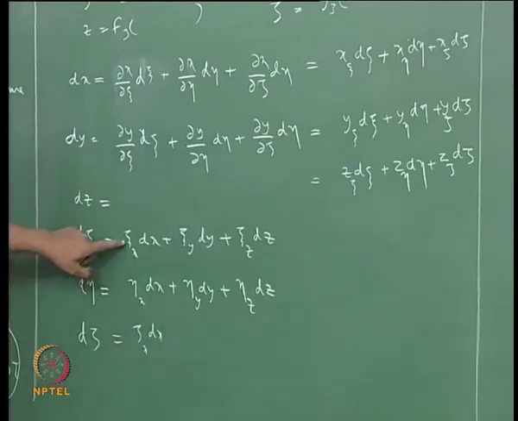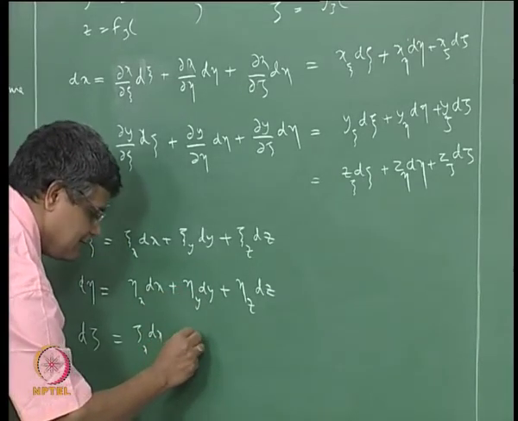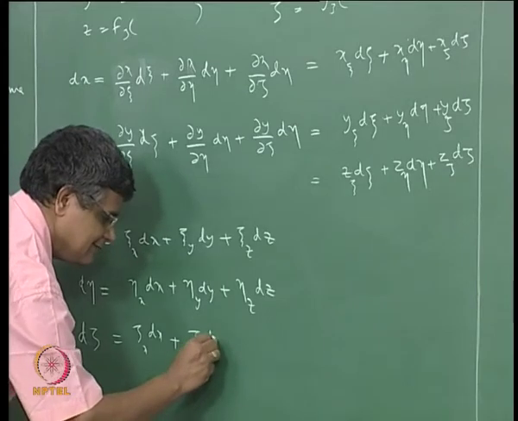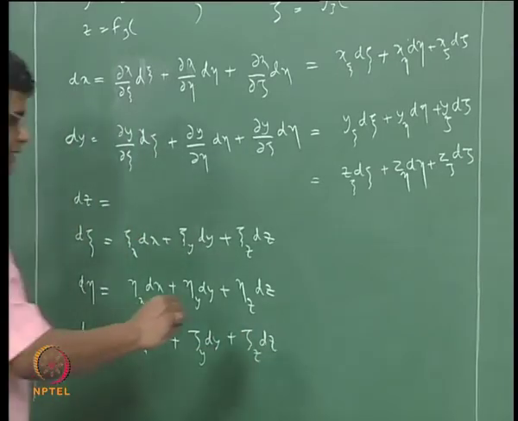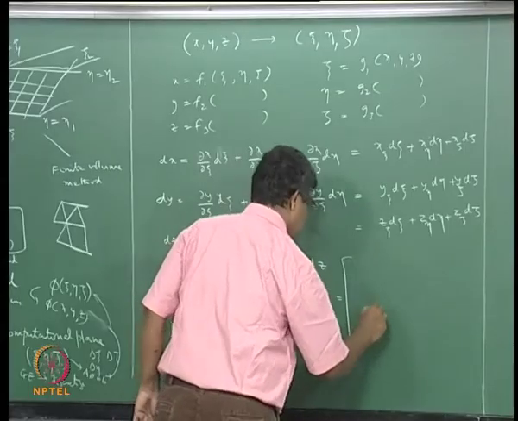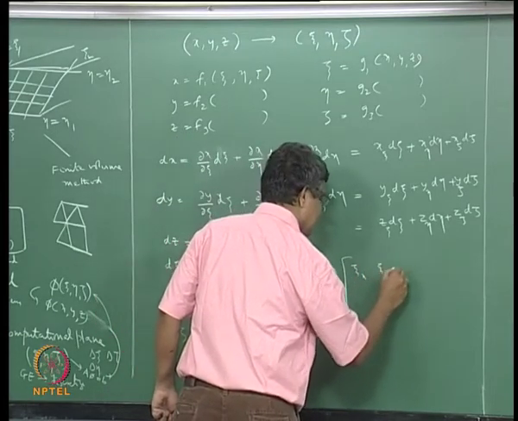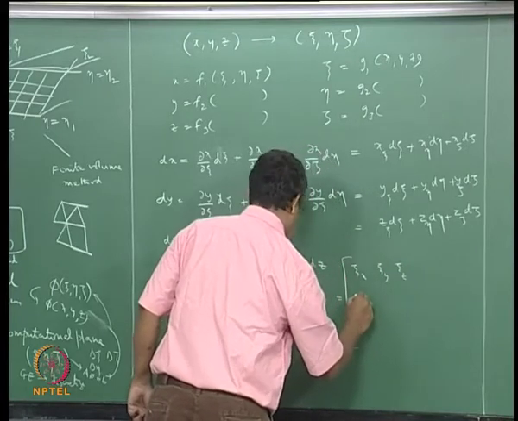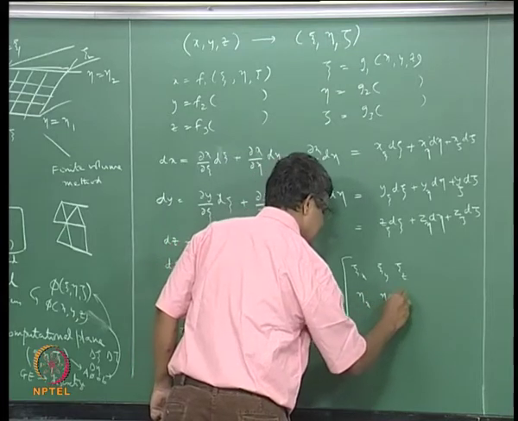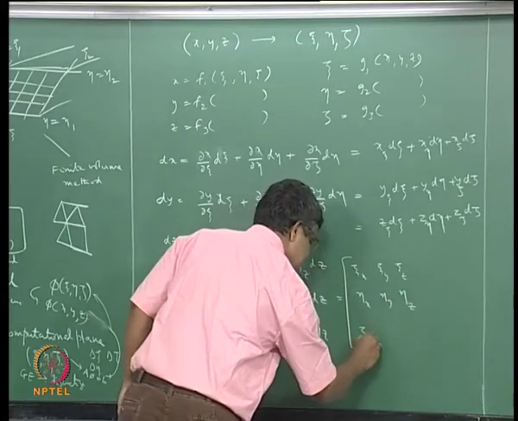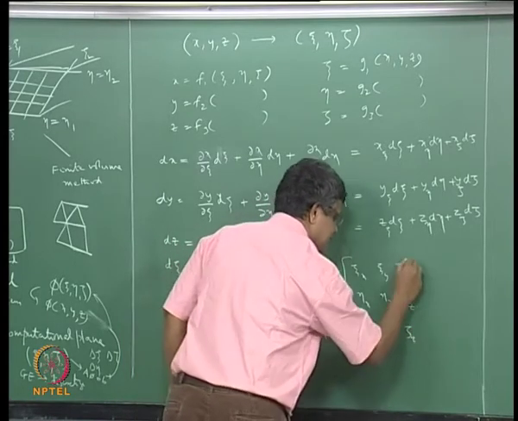This obviously means del psi by del x as per our notation. We can write this in matrix notation as the matrix with rows psi x, psi y, psi z; eta x, eta y, eta z; zeta x, zeta y, zeta z.